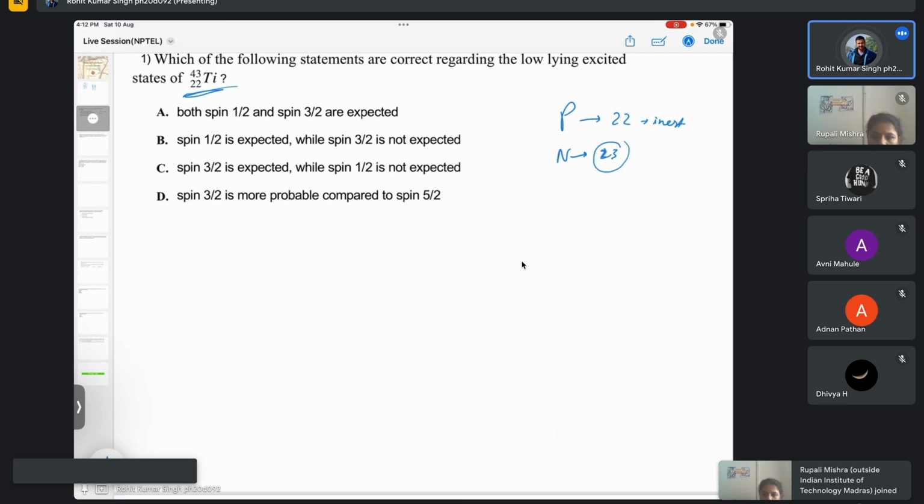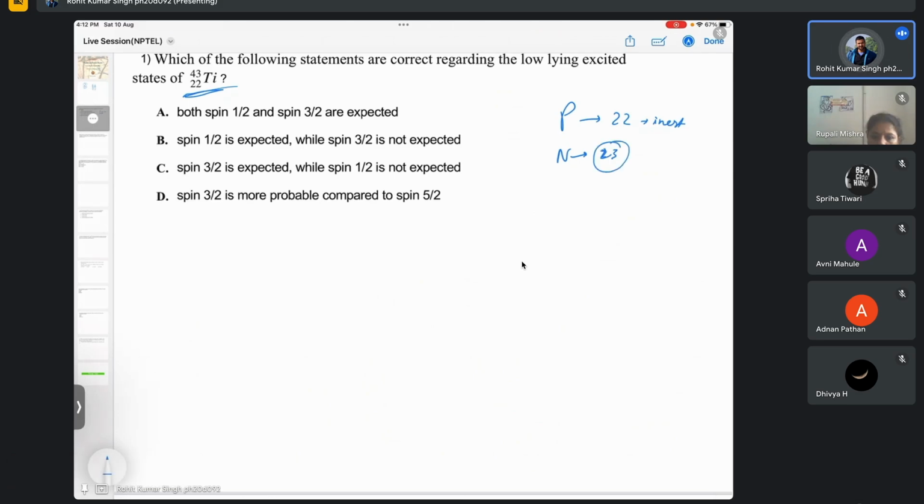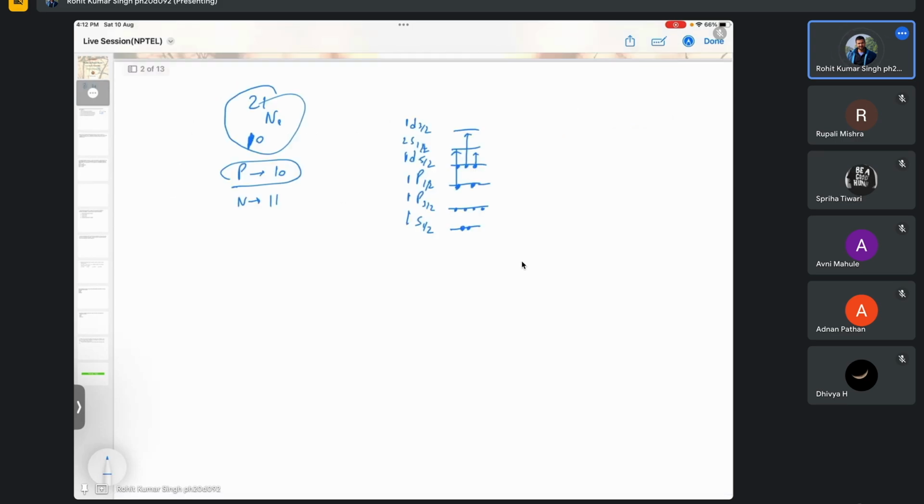So again, this will dictate what will happen to the nucleus, I mean, the properties of the nucleus. So let's write the states again, like we did here.